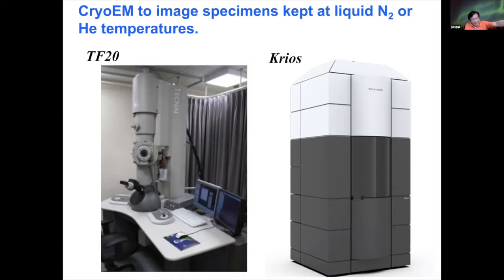On the left side is the old version microscope, and you can see in the middle the sample pot where we can transfer the specimen into the microscope while maintaining it at liquid nitrogen temperature. On the right side is a very modern microscope, and it's a black box. Basically, the sample is inserted into an automatic loading system and kept at liquid nitrogen temperature.